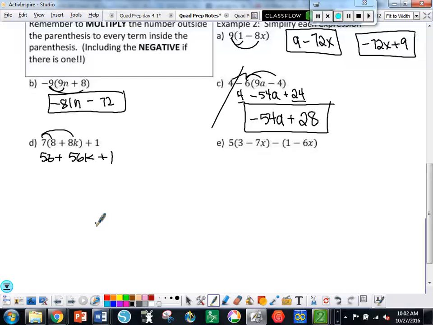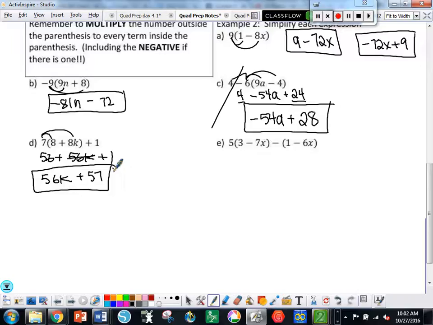If we write it in standard form, what's coming first? 56k. That's gone, plus what? 57. Okay. What about part E?